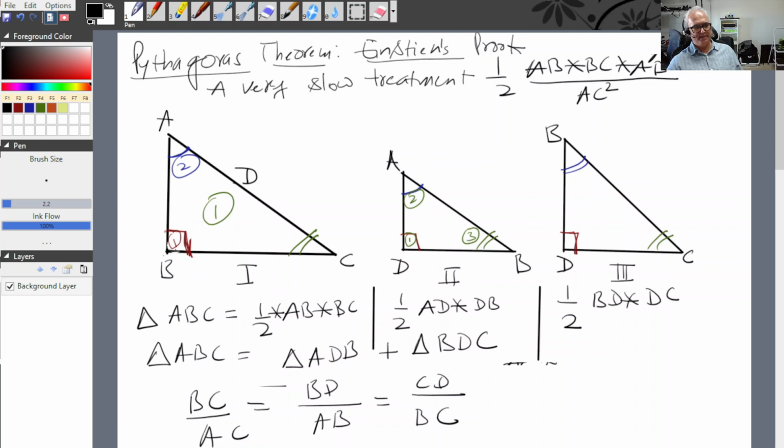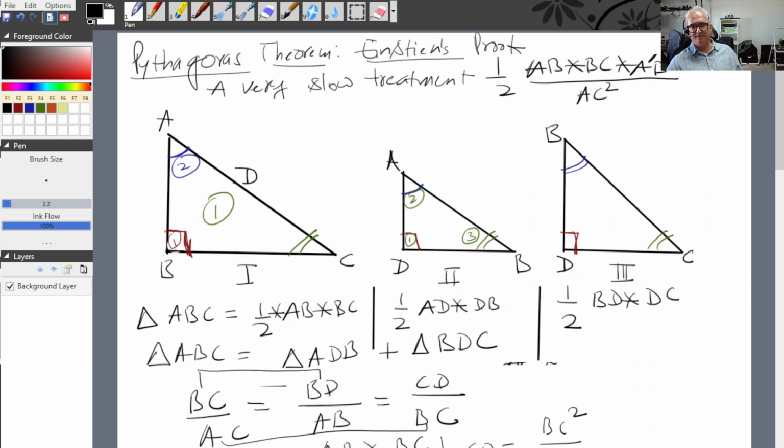So BD will be AB multiplied by BC divided by AC. It's the same thing we had gotten before, and it is this relationship. And now let's make use of this relationship. So CD is BC square divided by AC.